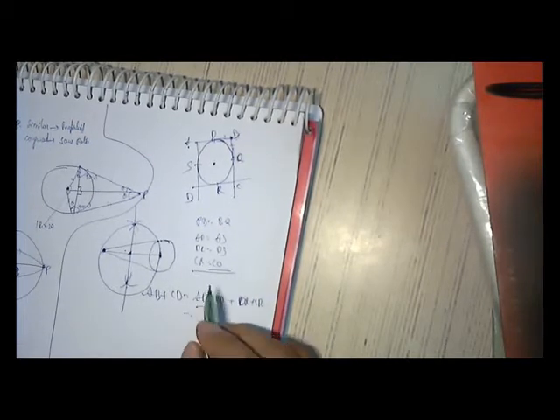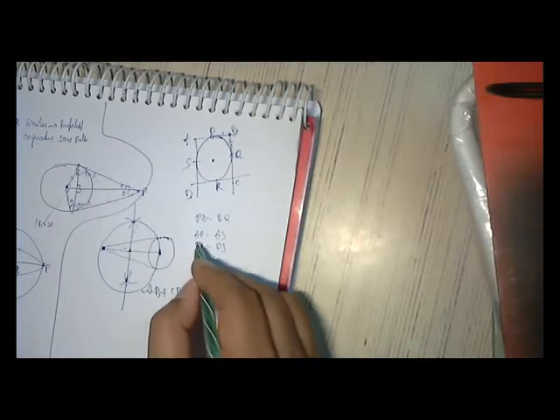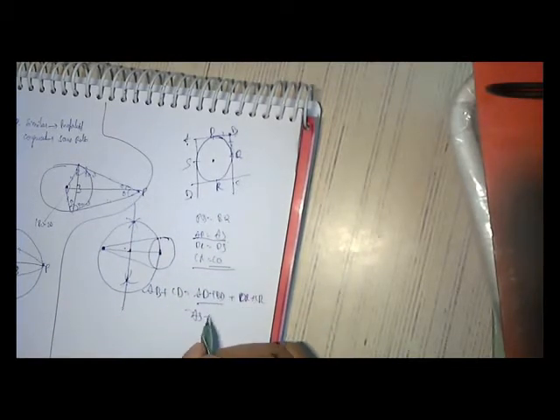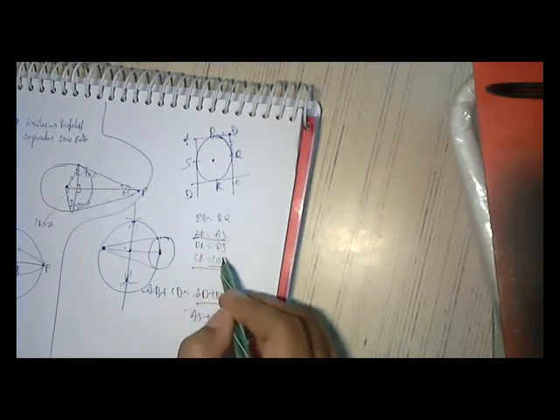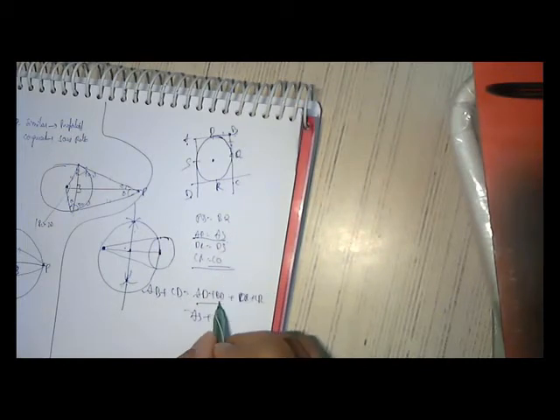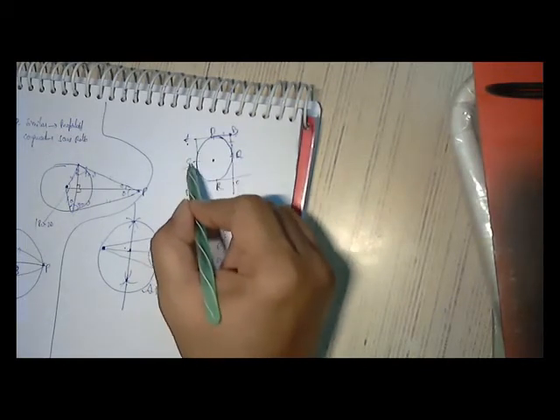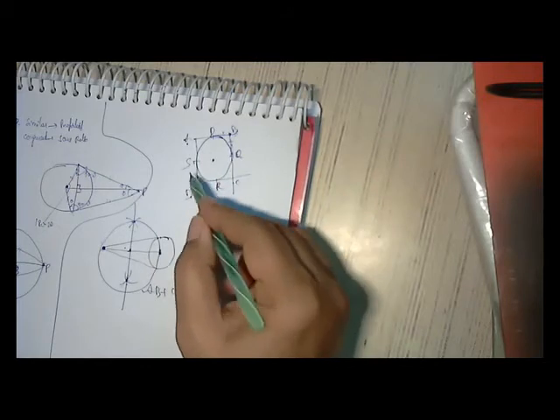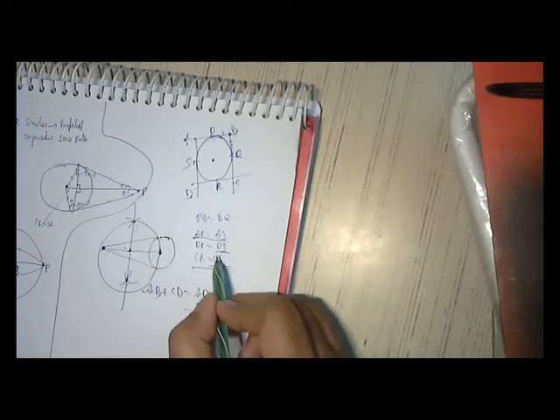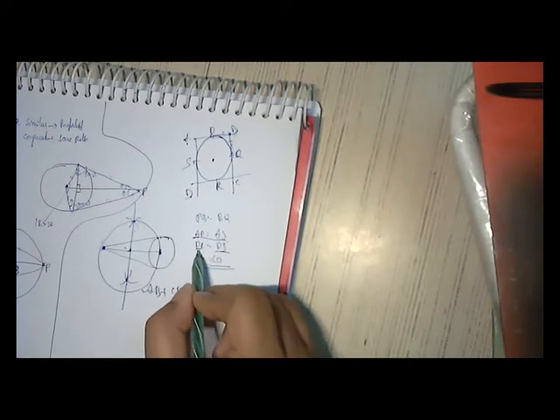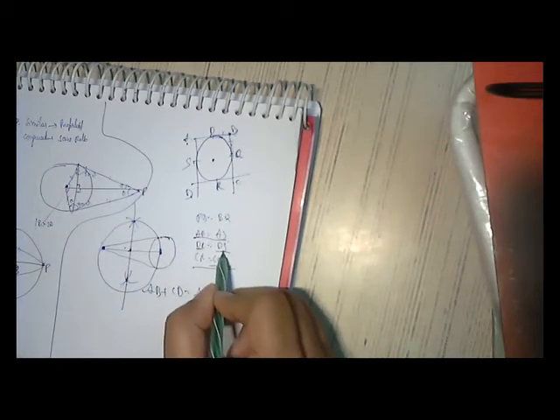If you see, AP is equal to AS, and DR is equal to DS.